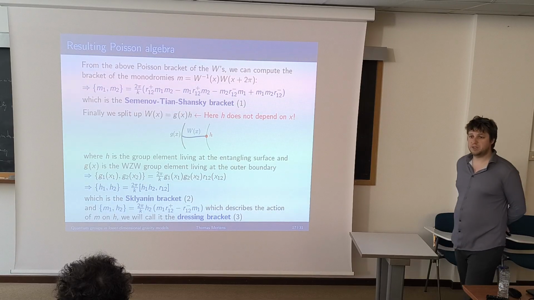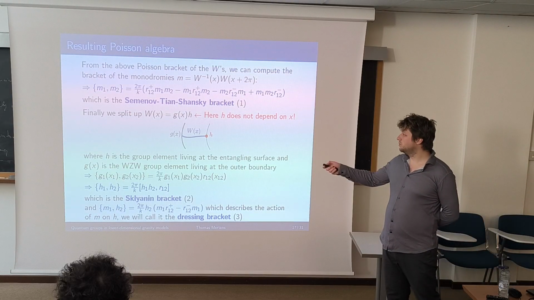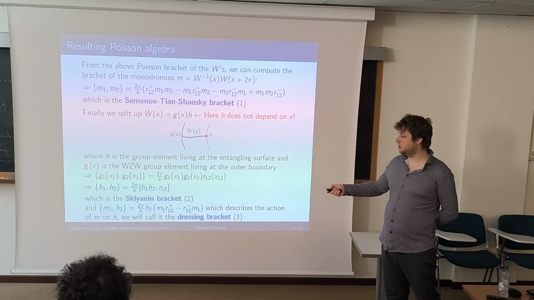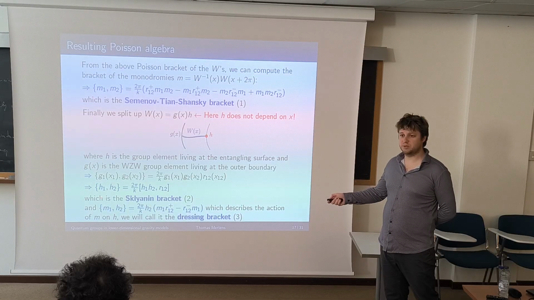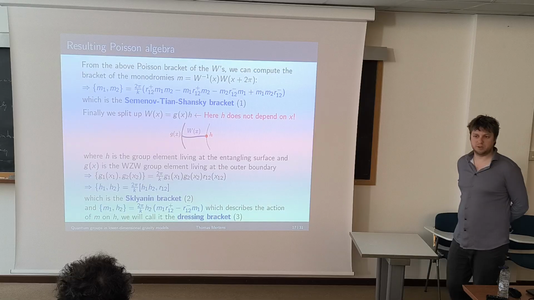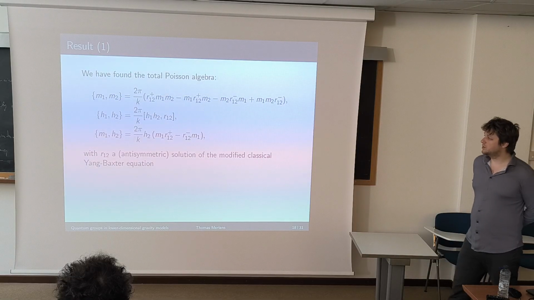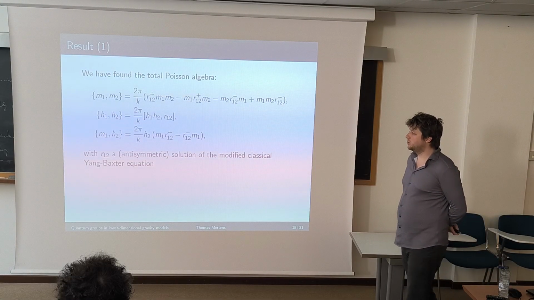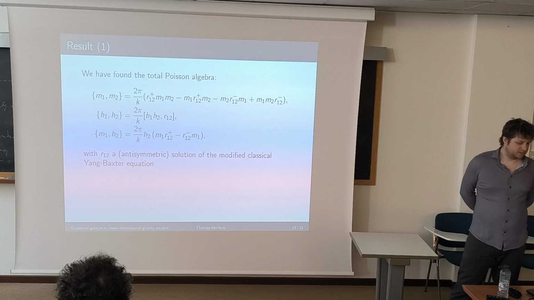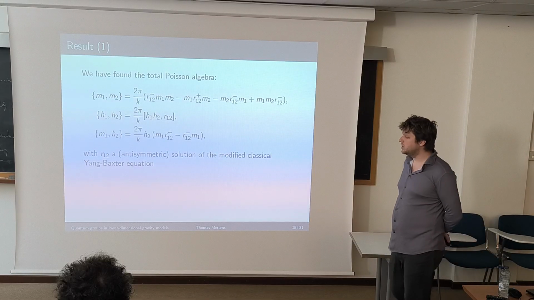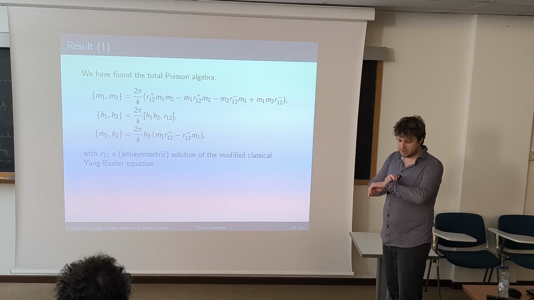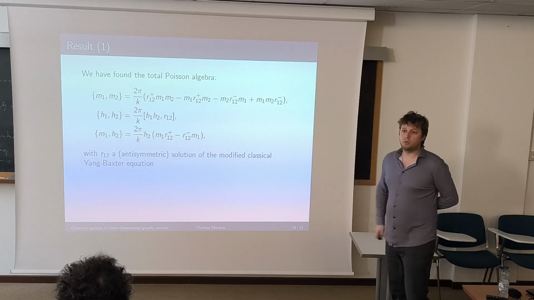So in total, you find a set of three Poisson brackets. One of them describing how the monodromies talk to each other, one of them describing how the large gauge transformation at the entangling surface talks to itself, and the last one how these two things talk to each other. So if we summarize, this is the total Poisson algebra we get living at the entangling surface. And it's fully parametrized, or it's fully known, if I give you this R12 matrix.